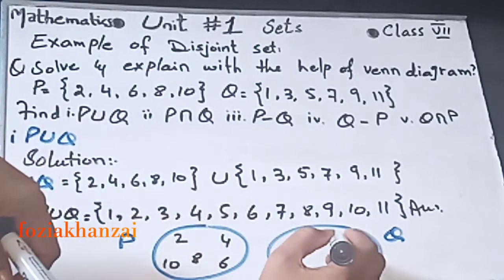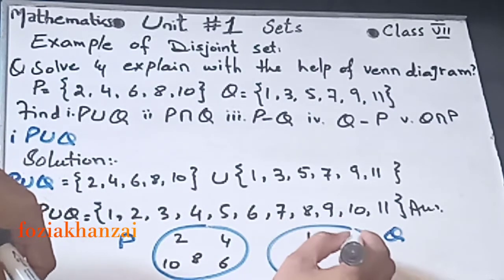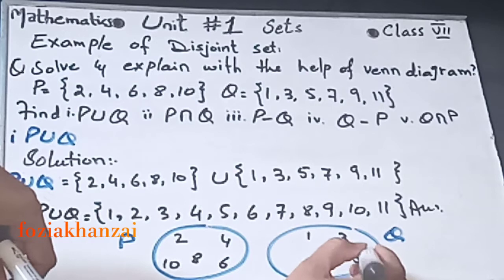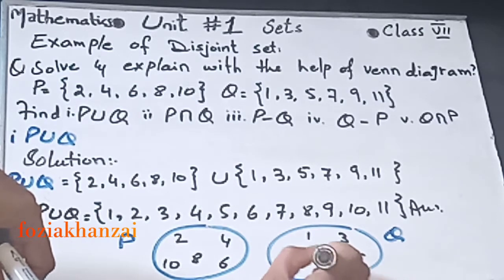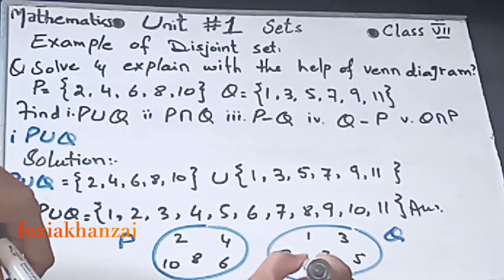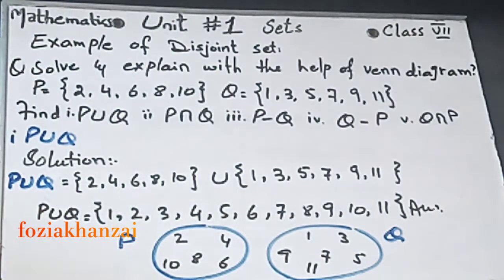Correct? In the second circle, 1, 3, 5, 7, 9, 11. All elements are different. There are no common elements. That's why we draw two separate circles.